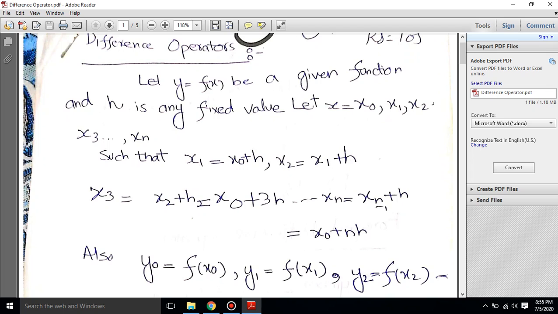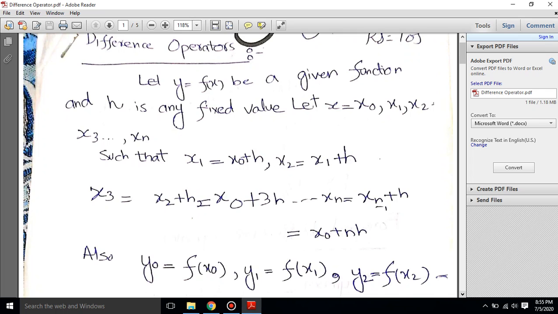And when we want to find the value of xn, that will be equal to xn minus 1 plus h, and that will also be equal to x naught plus nh. So whenever we use interpolation in our coming lectures, we're going to use this h as a fixed length, and from that fixed length we're going to define the values of x in our f of x function.